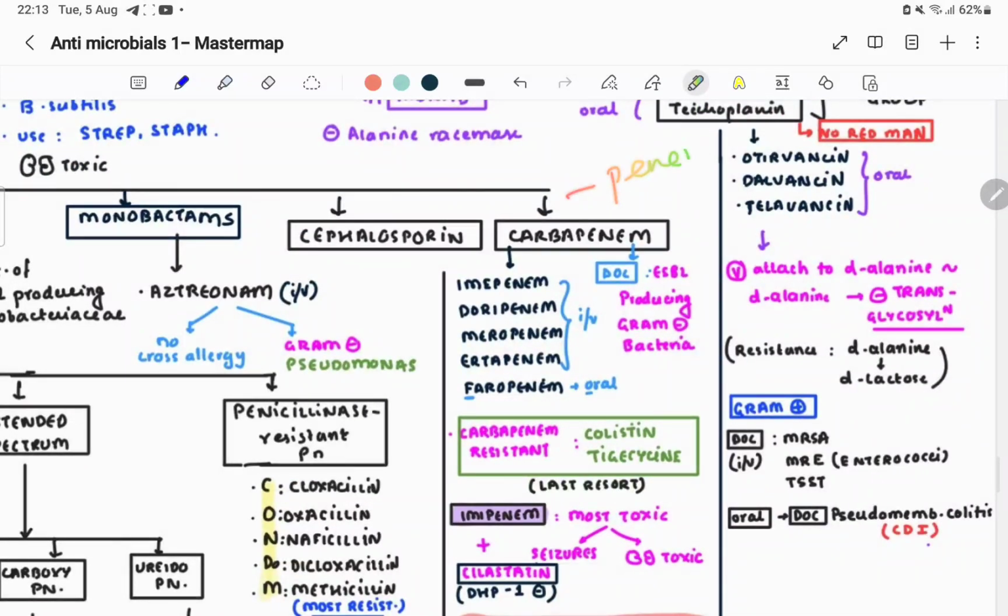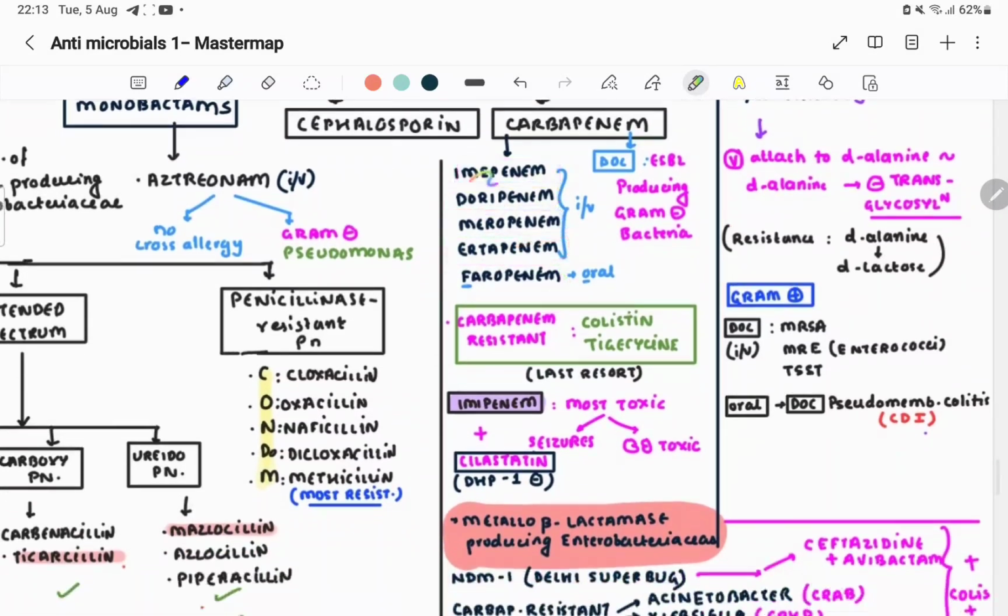So penem is always in the name. Imipenem, doripenem, meropenem, ertapenem, faropenem. Faropenem is an oral drug, only oral drug, and imi, dori, mero, erta are IV drugs.